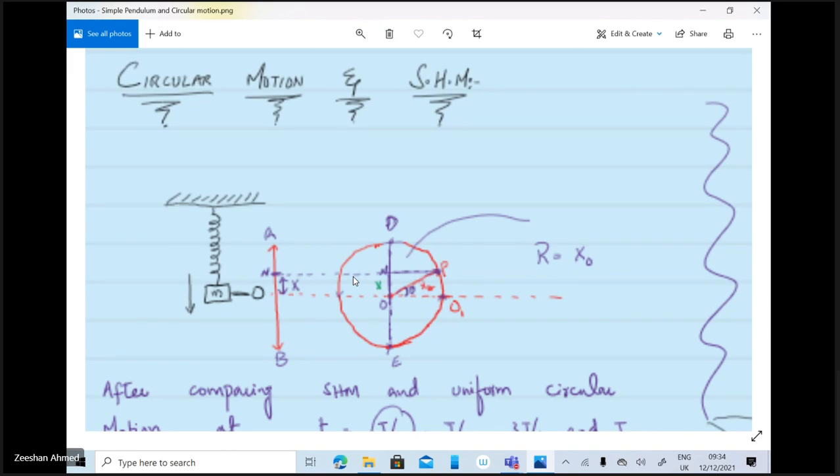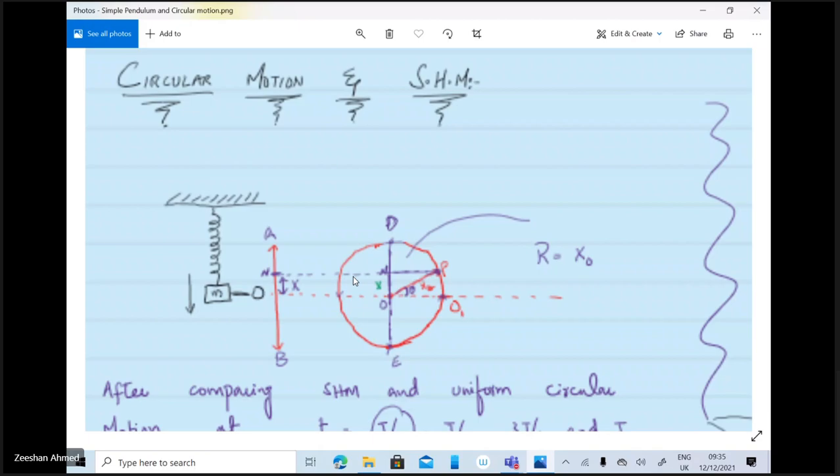We know that the distance from the center of the circle to any point on the circle is called the radius of the circle. And the radius of the circle, when the object is touching the point P or the point D on the circle, is equal to the amplitude.